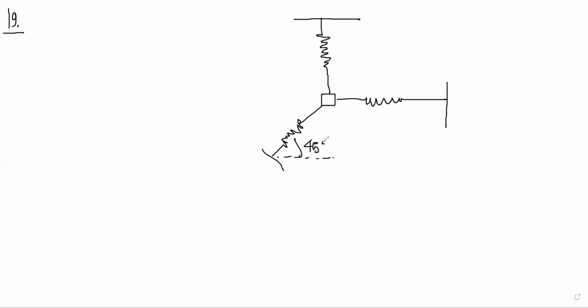This angle is 45 degree, this angle is 90. These are B, A, and C. Now, if the particle is pushed slightly against spring C and released, what is the time period of oscillation?